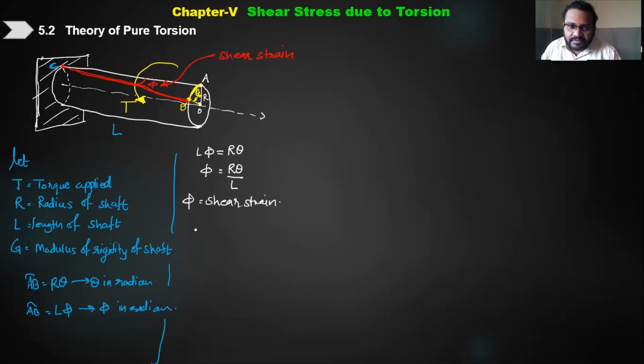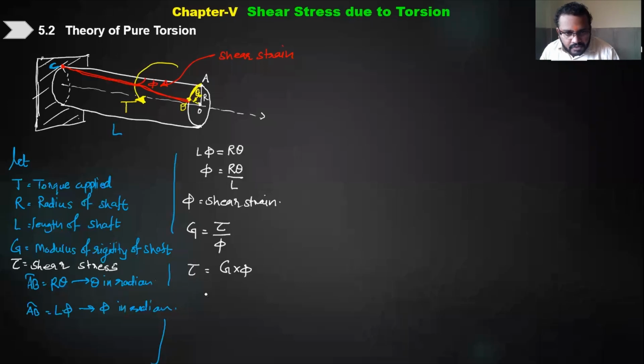Now what is shear stress? So we know the G. What is modulus of rigidity? It is shear stress tau upon shear strain phi. This is the basic formula which I studied in chapter 1 only, right? So here tau is shear stress in that particular layer जो हमने assume किया. तो your shear stress tau can be given by G into phi. So G into phi का value तो हमें पता है R theta by L. So your tau, अगर मैं ये tau by R लिखता हूँ तो मुझे क्या मिलेगा?